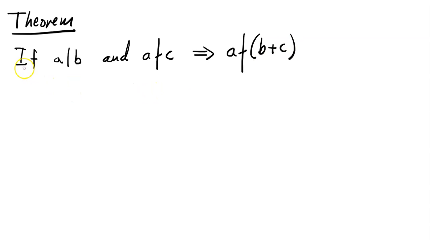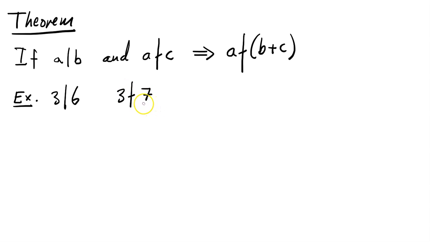So this is the theorem that we want to prove, that it's always true. So if you have that A divides B, but A does not divide the number C, then A does not divide this sum. Okay, so let's take an example of what it means with concrete numbers. For example, it's true that 3 divides 6, but 3 does not divide 7.